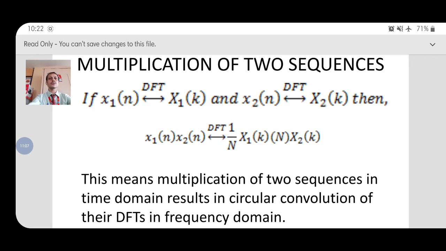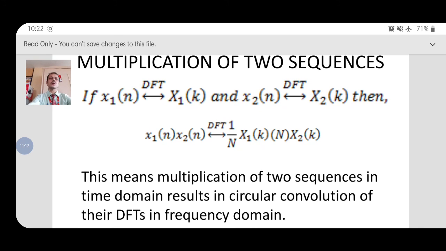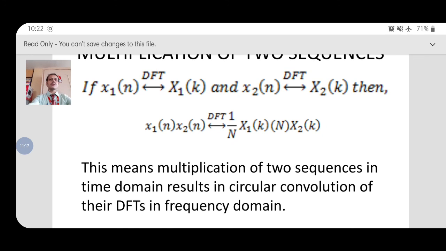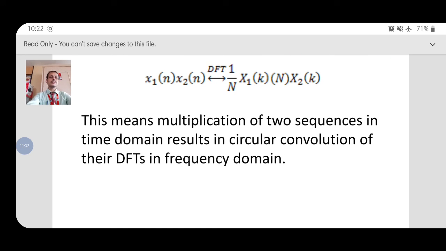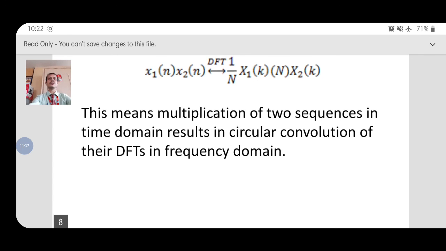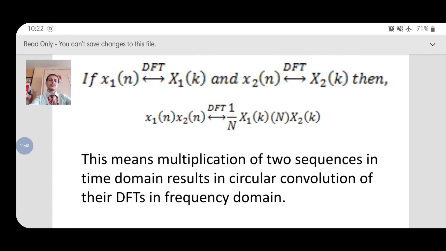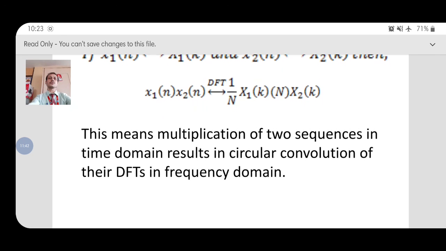We are considering x1 of n and x2 of n, with DFTs x1 of k and x2 of k. The multiplication of x1 of n and x2 of n in the time domain is equivalent to 1 by N times the circular convolution of x1 of k and x2 of k in the frequency domain.